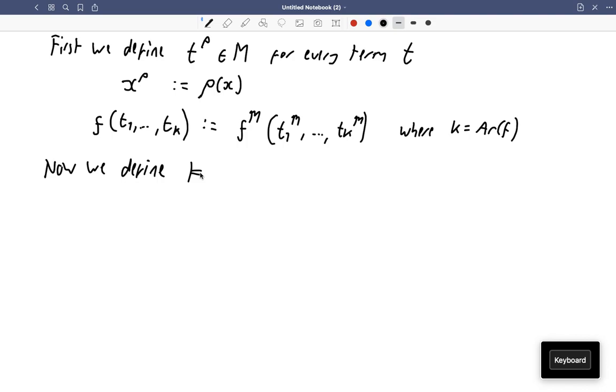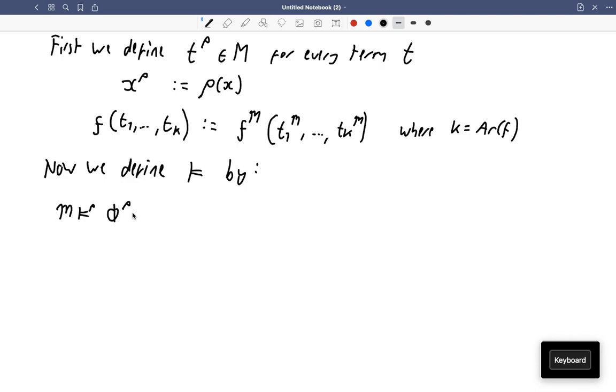And the idea is we want to say what it means to say that the formula phi is true in the structure M given the current environment interpreting the variables.